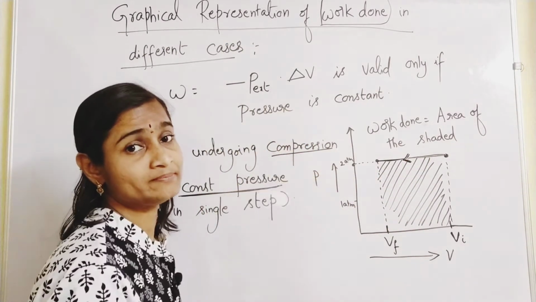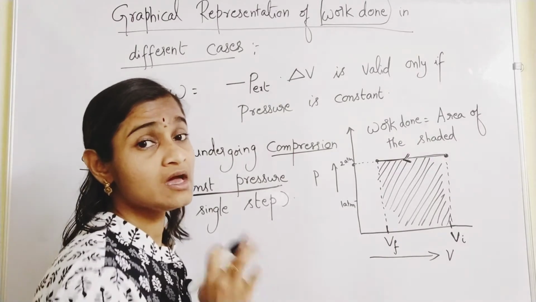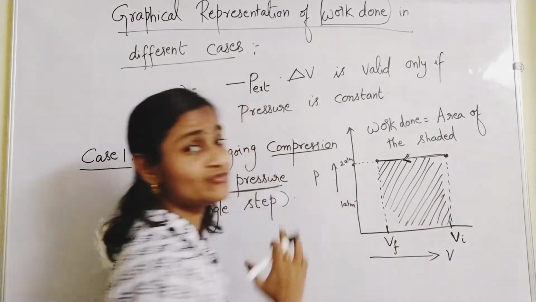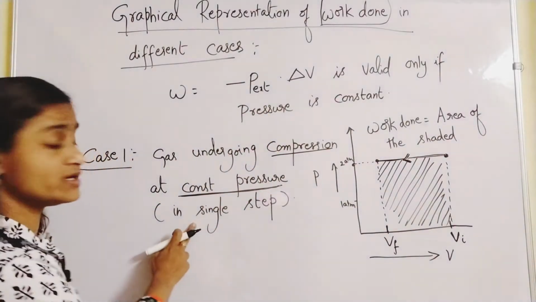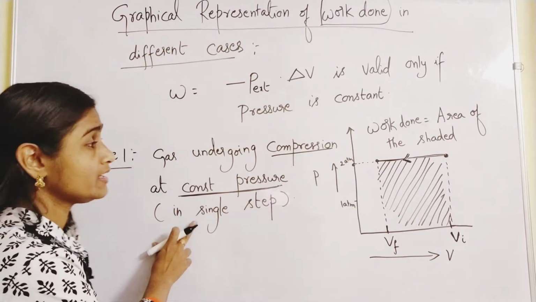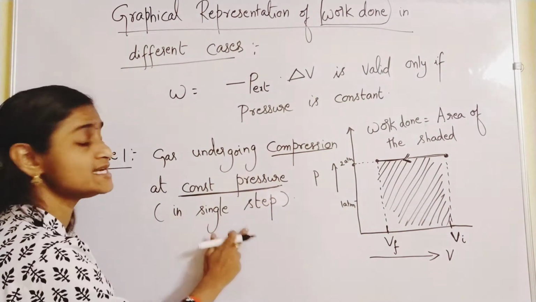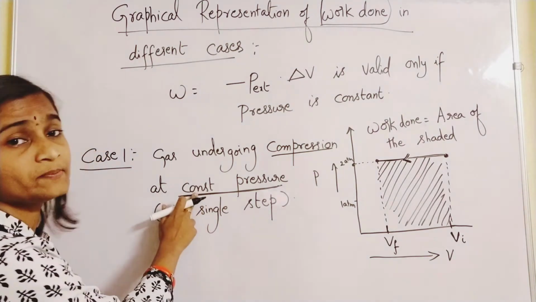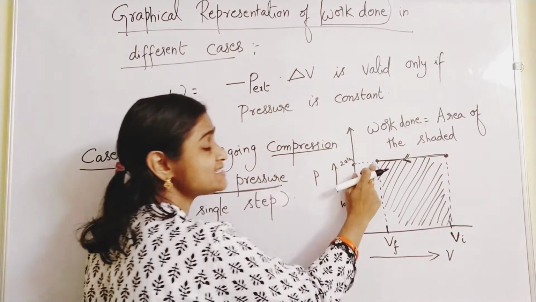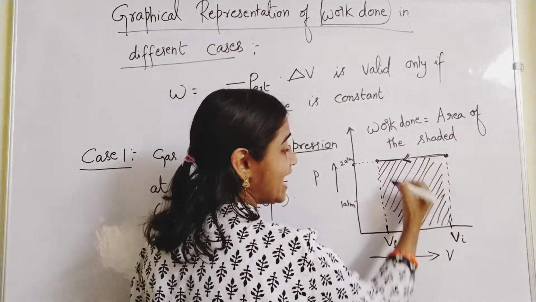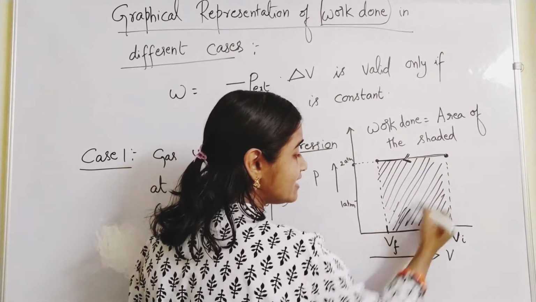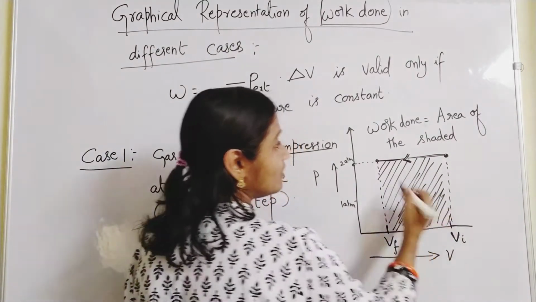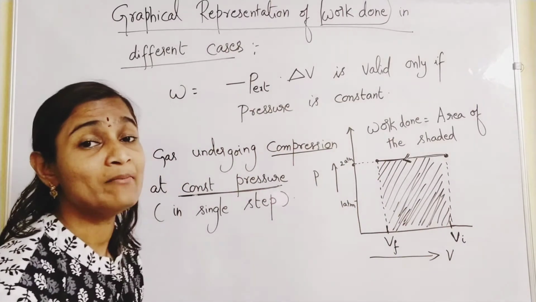Please remember, a single straight line graph in single step. That's why I wrote here single step. Gas is undergoing compression in single step at constant pressure. The graph is appearing like this, and the area under the graph will give you the amount of work done.